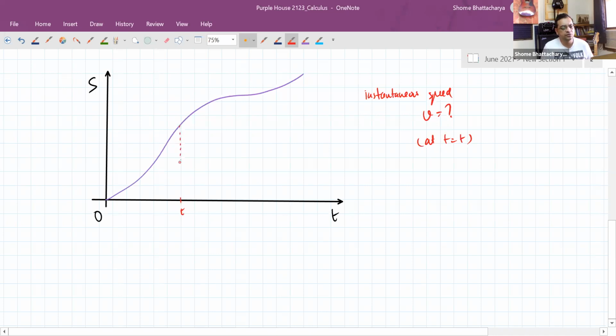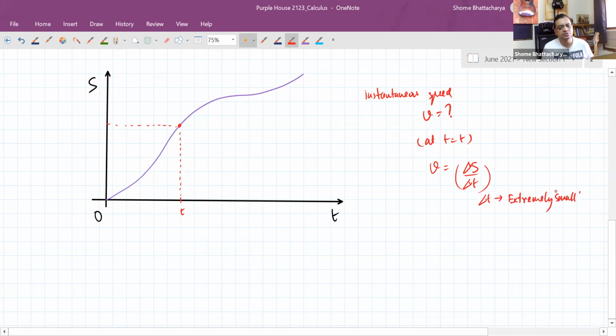So at this particular moment of time, I want to find out what the instantaneous speed was. In our everyday definition of instantaneous speed, not the calculus definition, it was delta s by delta t, that is distance upon time, but for a very small interval of time. So this should be extremely small.